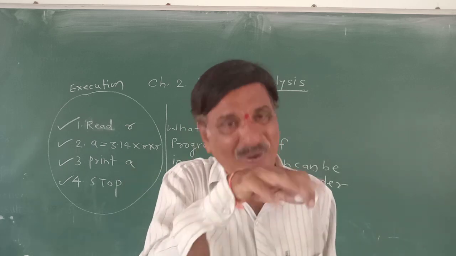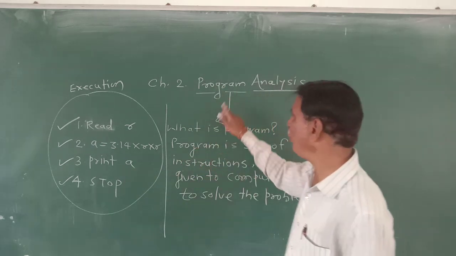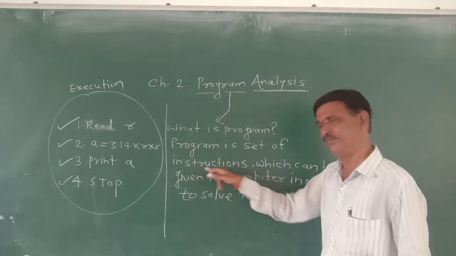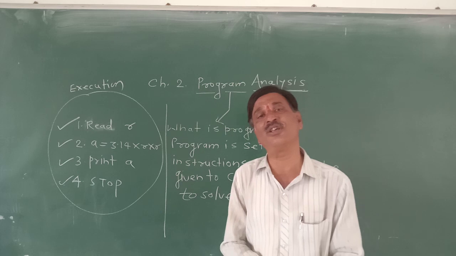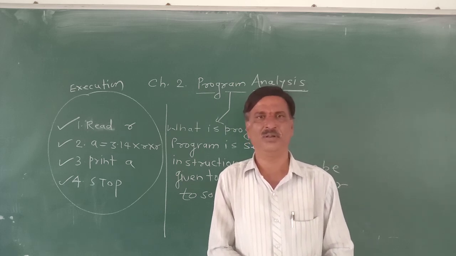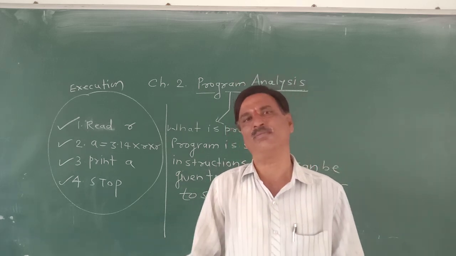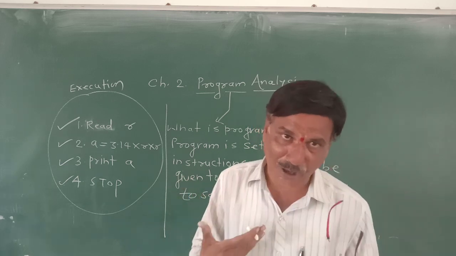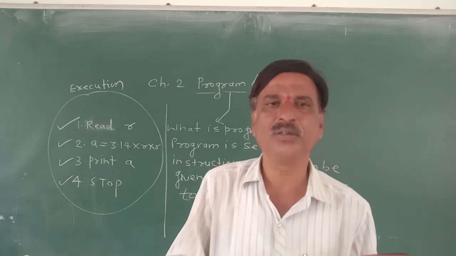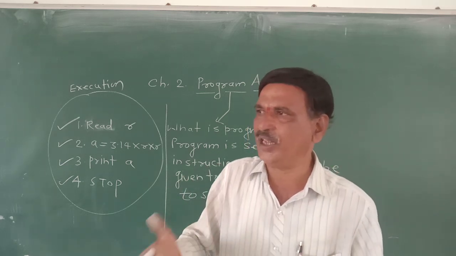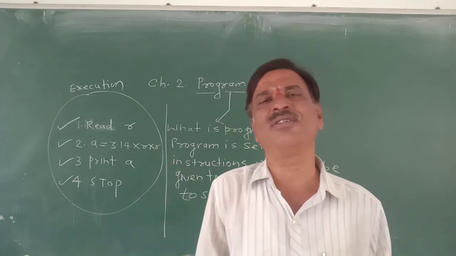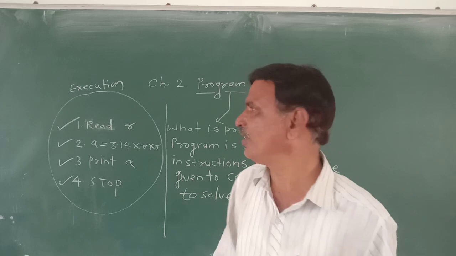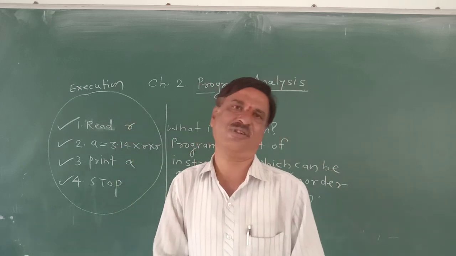So whenever a program, that is set of instruction, is to be written, first we must know the problem. If we know how to solve it, then we can instruct. And if we don't know how to solve the problem, we can't instruct the computer. It means we can't write down the set of instruction.